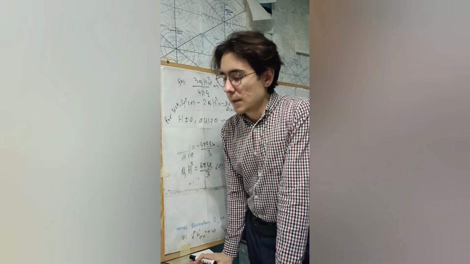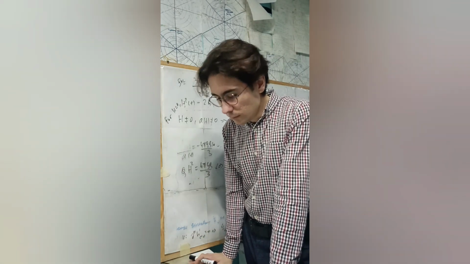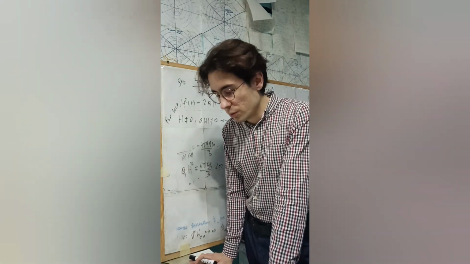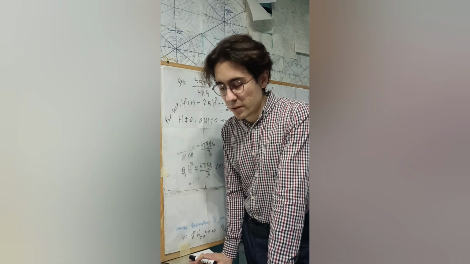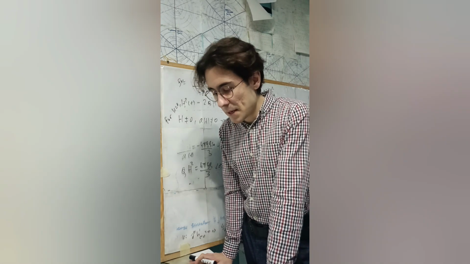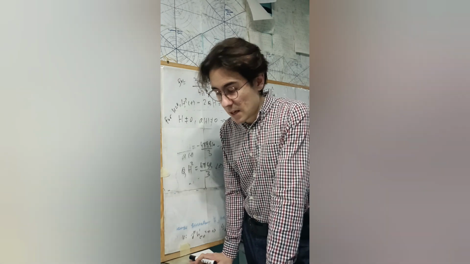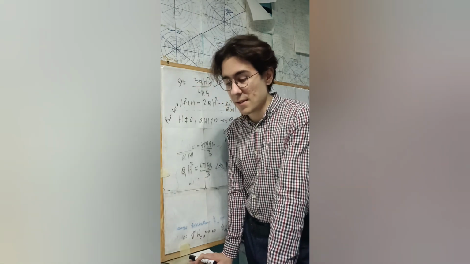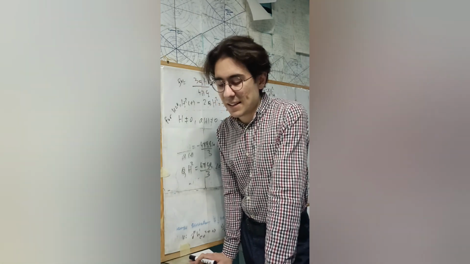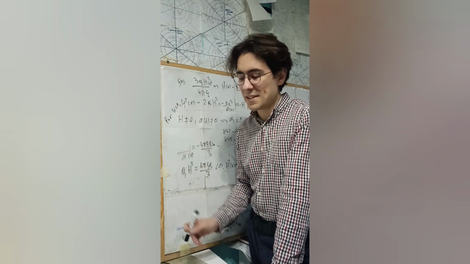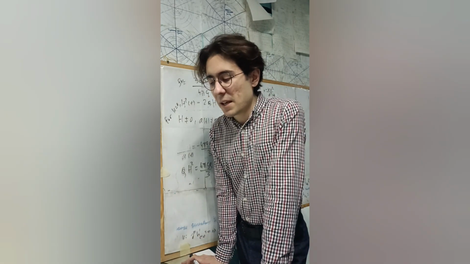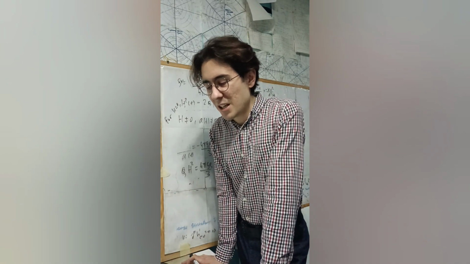So it's not easy to do the same for gravitational fields in curved spacetimes. In curved spacetimes, you need some other quantities, some quantities that are invariant with respect to the coordinate frame.